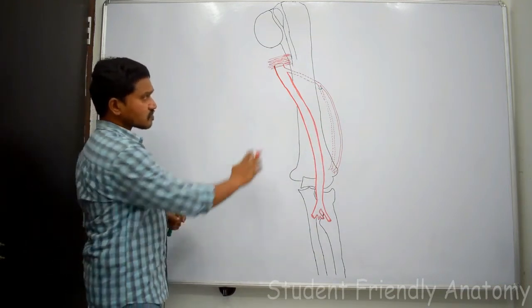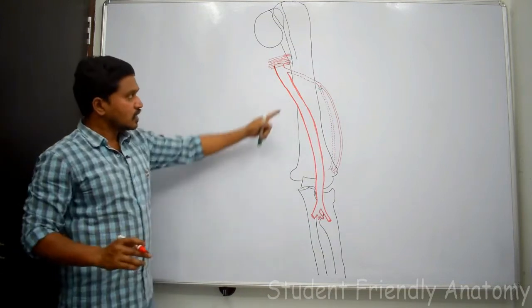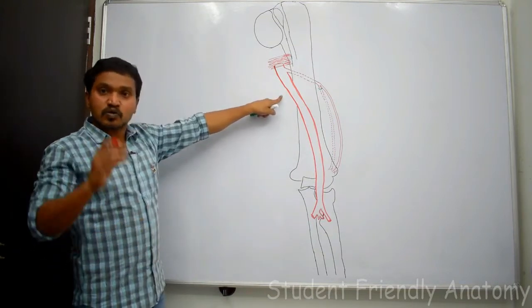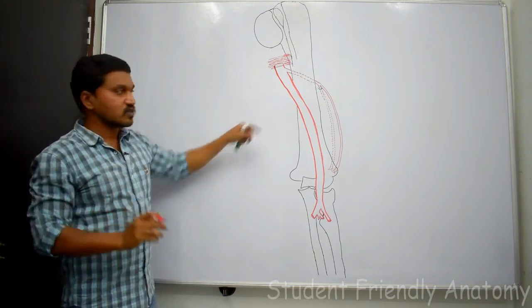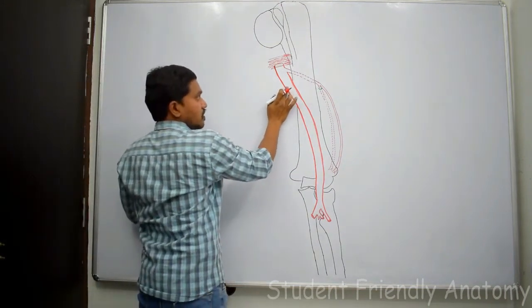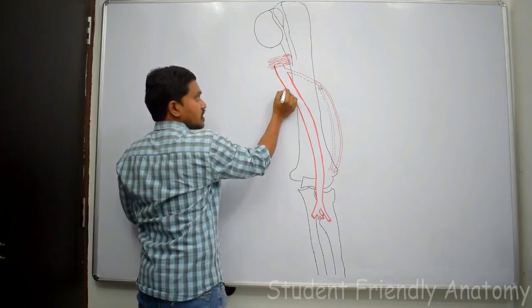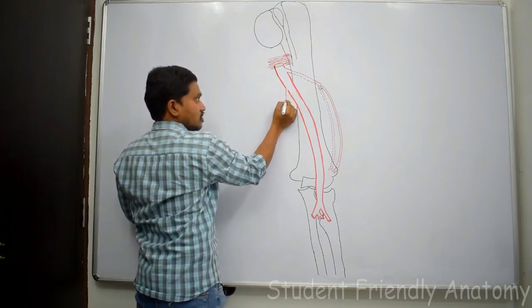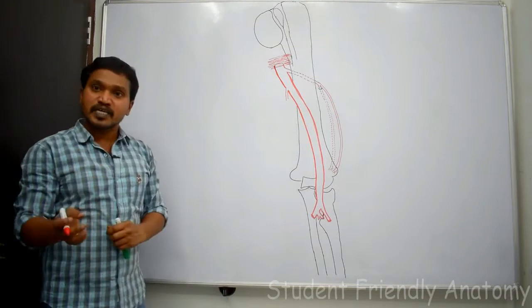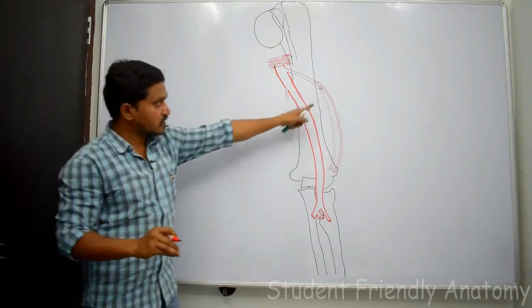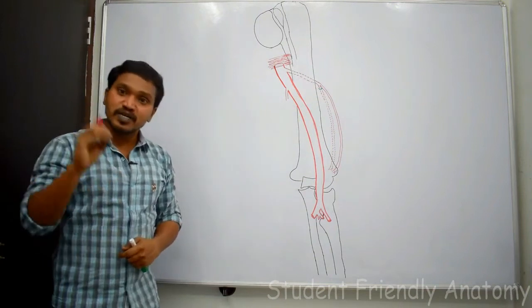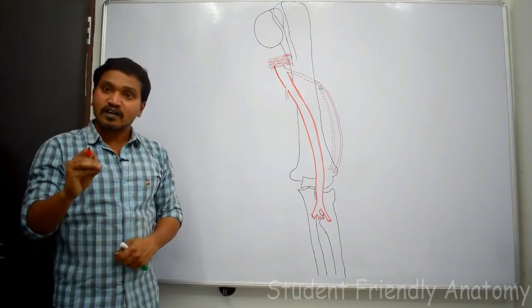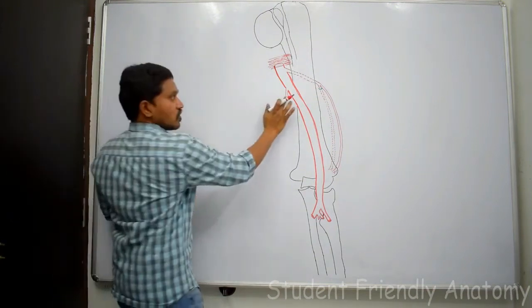Then in the medial part, the brachial artery gives the superior ulnar collateral and inferior ulnar collateral. At the upper part, it gives the superior ulnar collateral, piercing the medial intermuscular septum. This is piercing the lateral intermuscular septum and this is piercing the medial intermuscular septum along with the ulnar nerve.